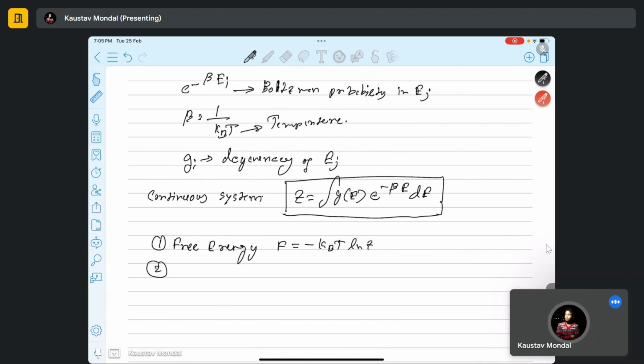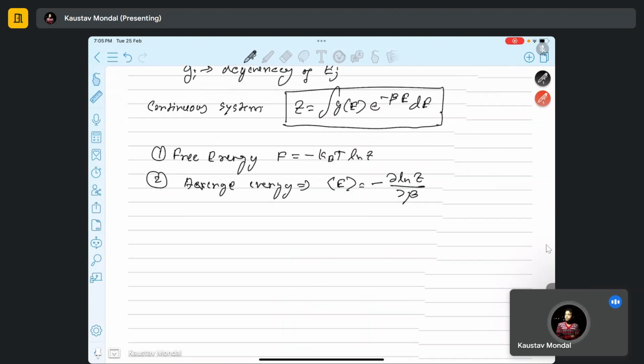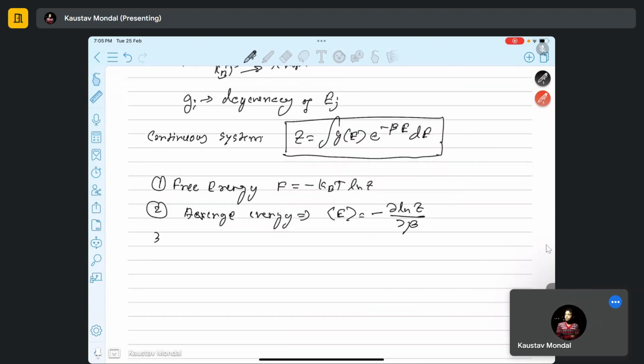Similarly, the second thing you can calculate is the average energy of the system. E is basically minus the partial derivative of ln Z with respect to beta. The third thing you can calculate is entropy.